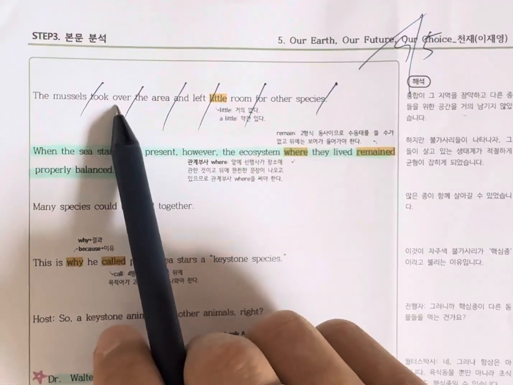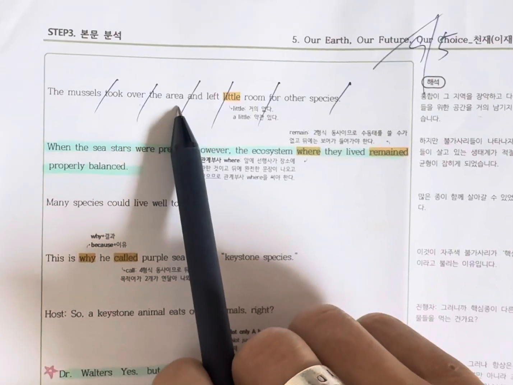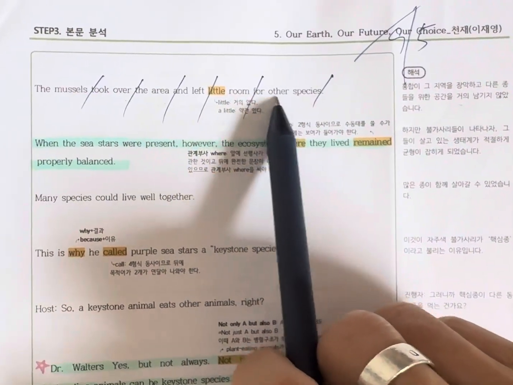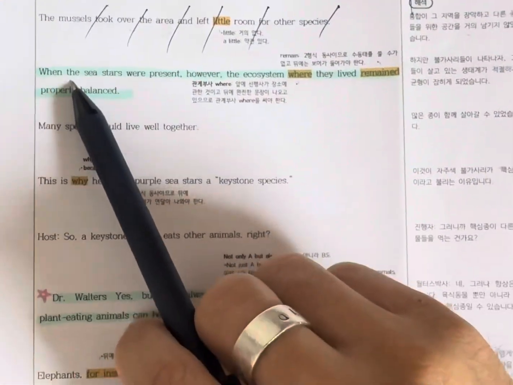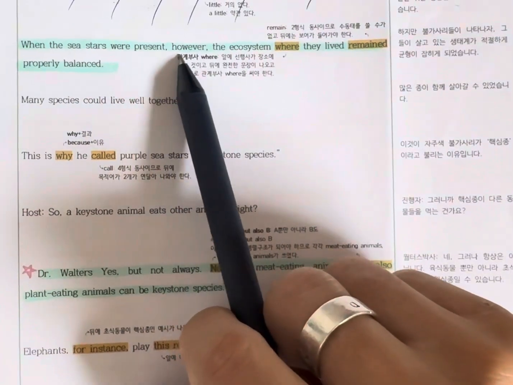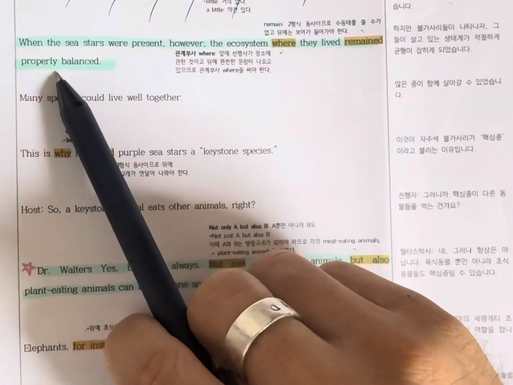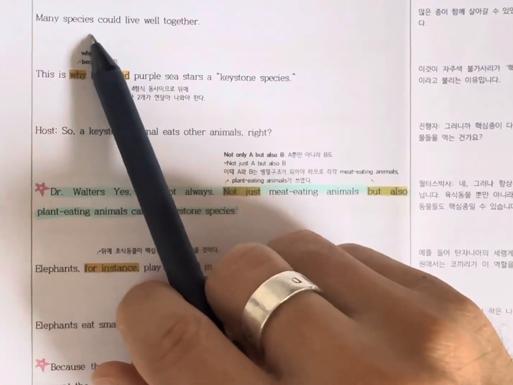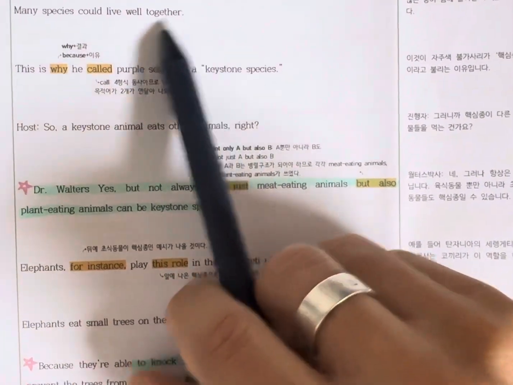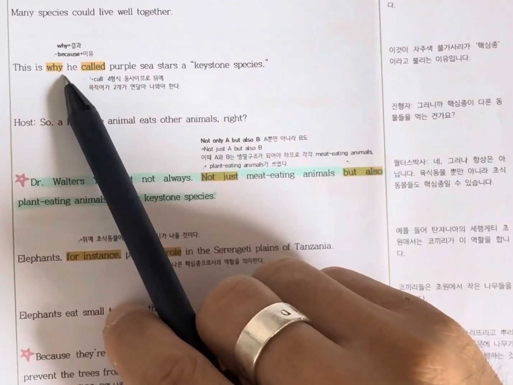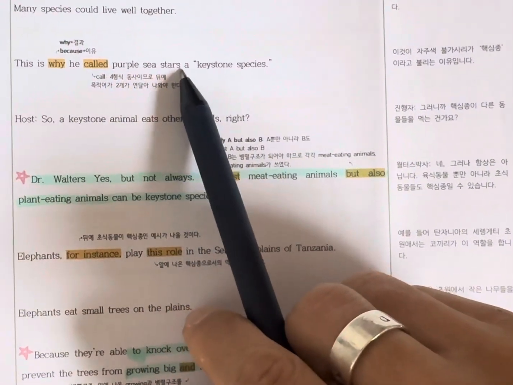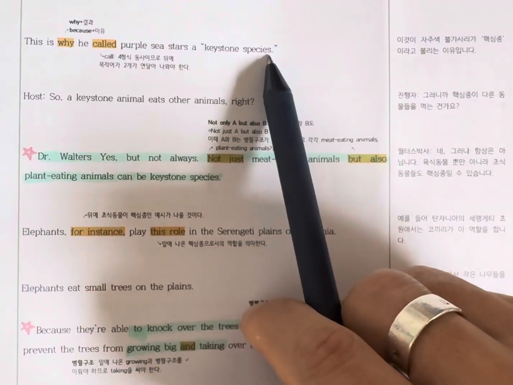The mussels took over the area and left little room for other species. When the sea stars were present, however, the ecosystem where they lived remained properly balanced. Many species could live well together. This is why he called purple sea stars a keystone species.